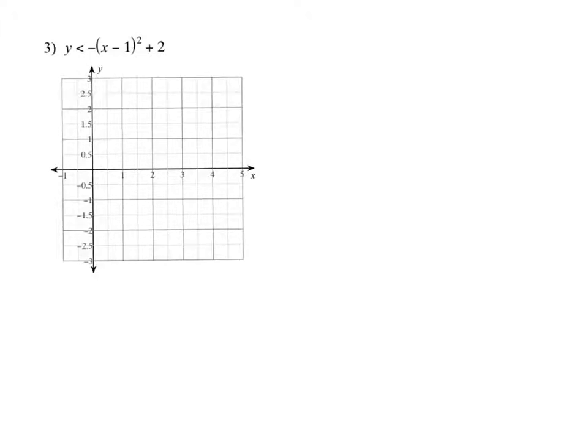Now in number 3, my parabola is in vertex form. So when you're in vertex form, then you know your vertex. Remember, your vertex is x comma y, or h comma k, and you want to do the opposite of what you see in the parentheses and then exactly what you see.